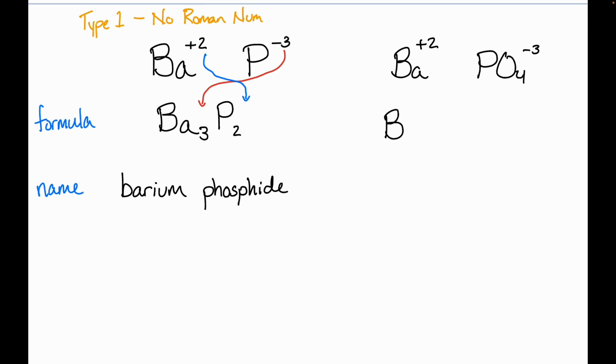So when we do our formula, we're going to do the same cross method here. The charge comes down. One big mistake, let me point out, I'm not touching this 4. This 4 isn't the number that's going to come down. Remember, we talked about how you have to treat PO4 like a package deal. You're never going to mess with that formula. It's the charge that I bring down.